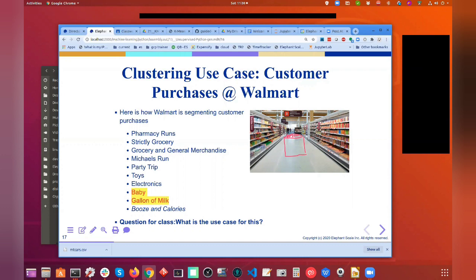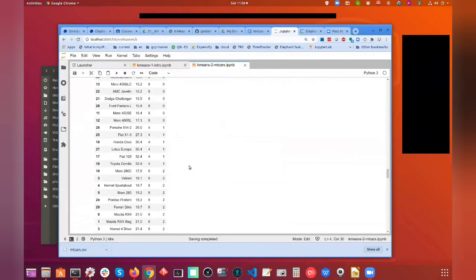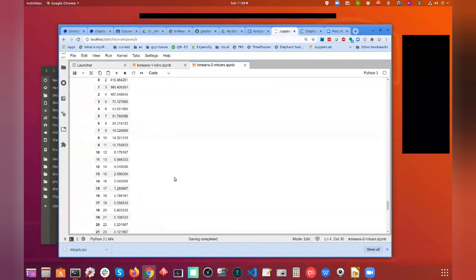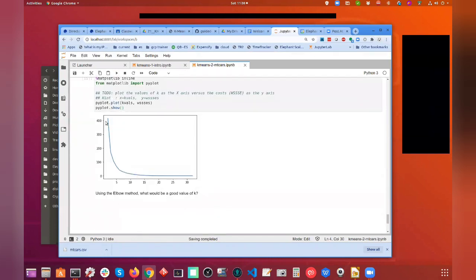So that's how you have to start thinking about this. The WSSC graph only gives you a starting point. Then you have to bring in other metrics that are important to your data. This is going to be different for everybody, depending on your data and your domain. What else is important to you?